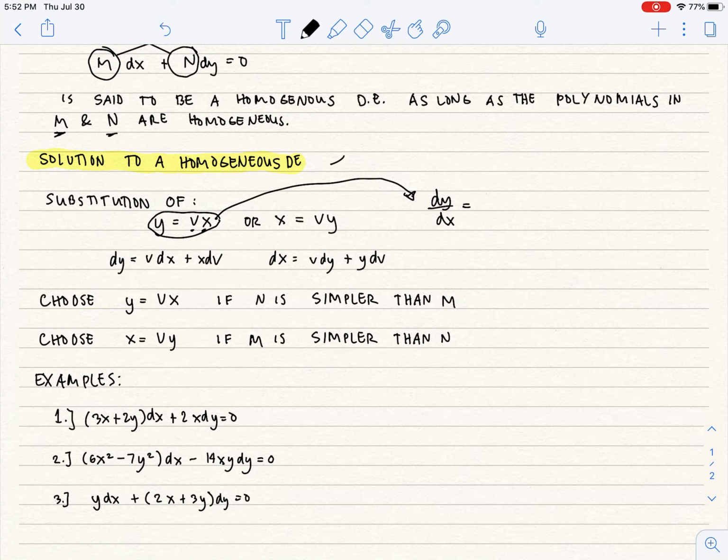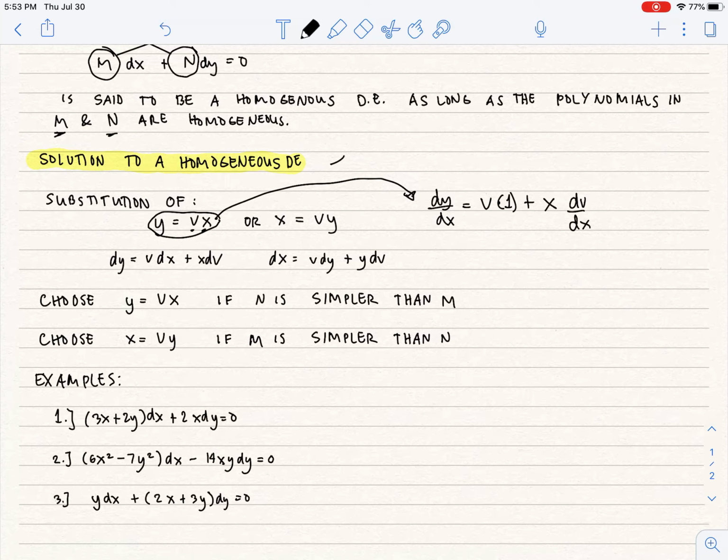First is v as is, multiplied by the derivative of x with respect to x, therefore 1, plus copy x and multiply by the derivative of v with respect to x, so dv over dx. It's the same as with y there. I won't explain that anymore, like in implicit differentiation, because you already know it.